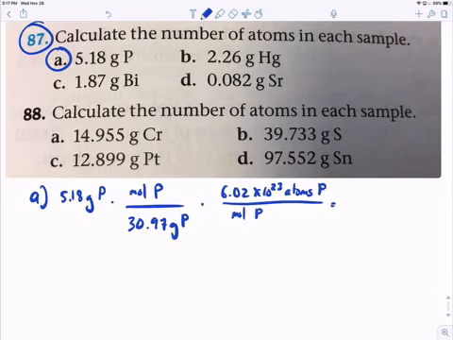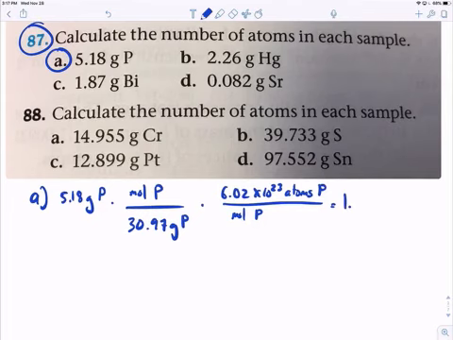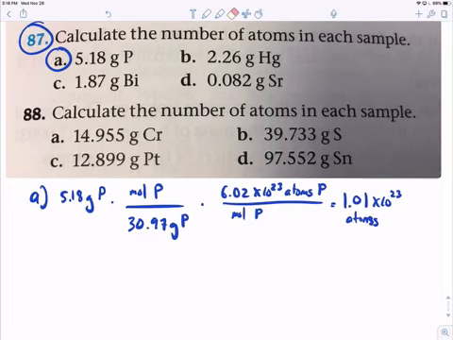So 5.18 divided by 30.97 times 6.02 times 10 to the 23rd, so then 1.01 times 10 to the 23rd atoms phosphorus, and I'll just do it again for fun.